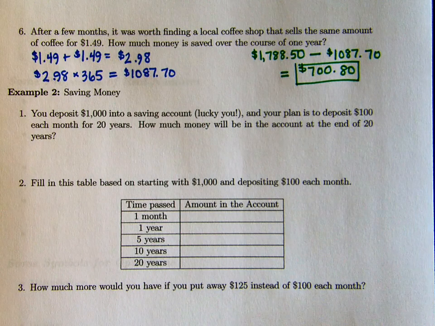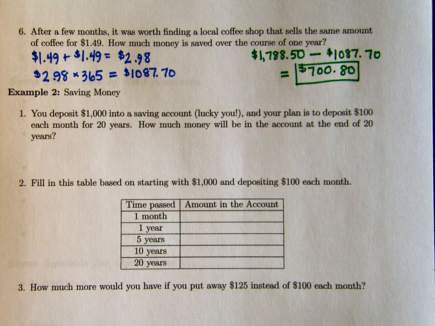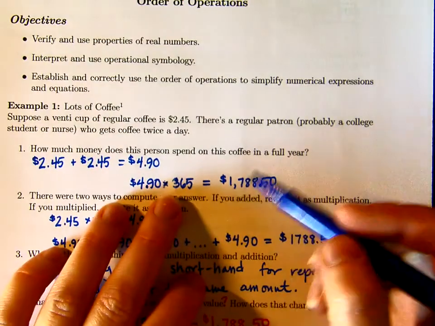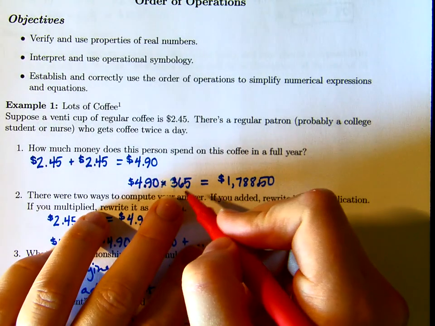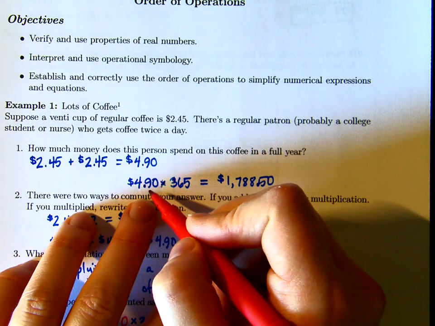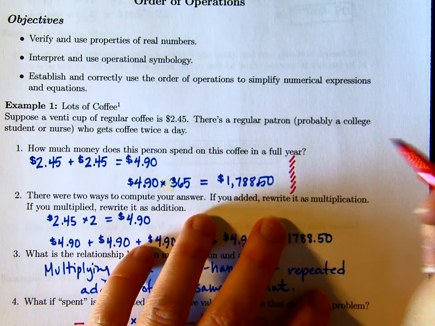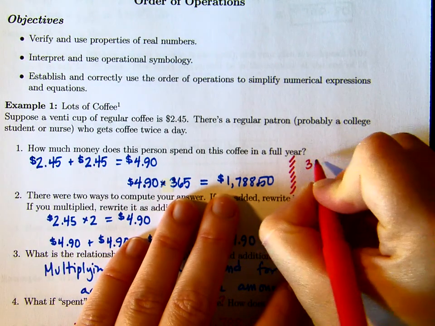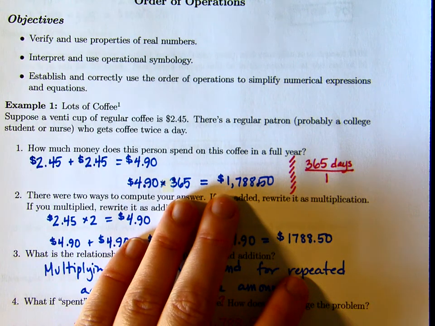That's quite a bit. Now, I'm actually going to go back, even though I know that we're done with this example, because in number 1, I wanted you to see something. I wanted to mention that there was a mismatch of units here. This 365 is really days, and this is money. But I just wanted to show you how these units actually do work out. So 365 days, okay, in a whole year.